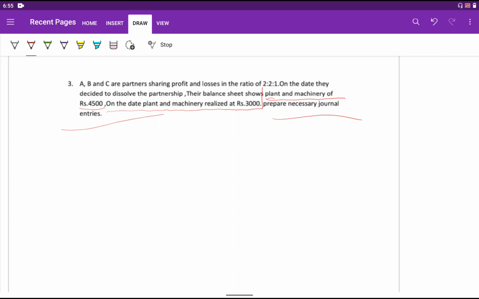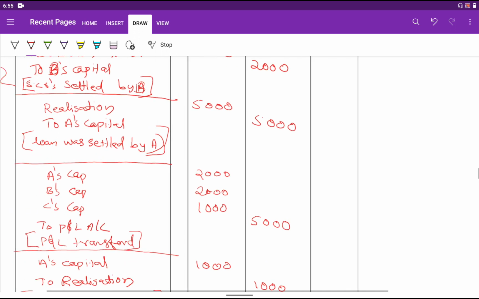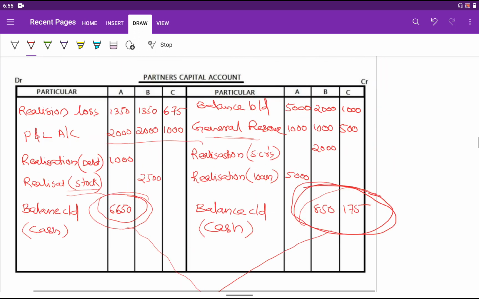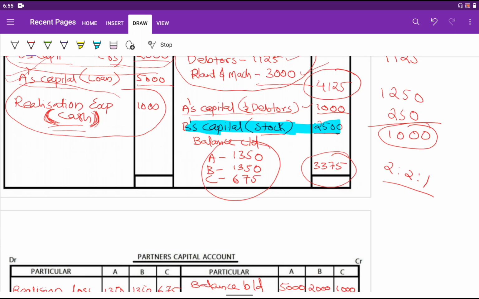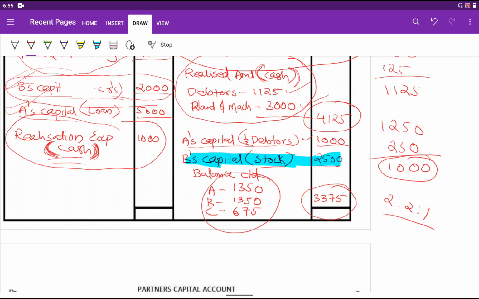We are writing in realization account, plant and machinery realized 3000. We are directly writing under realization as cash, but this should be in cash. Okay, that is why in bracket we wrote cash. So what is the journal entry? Cash account debtor to realization account 3000.